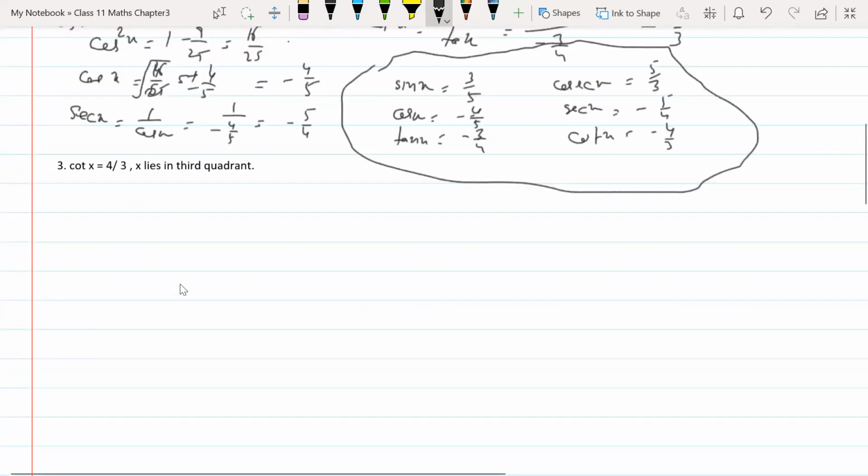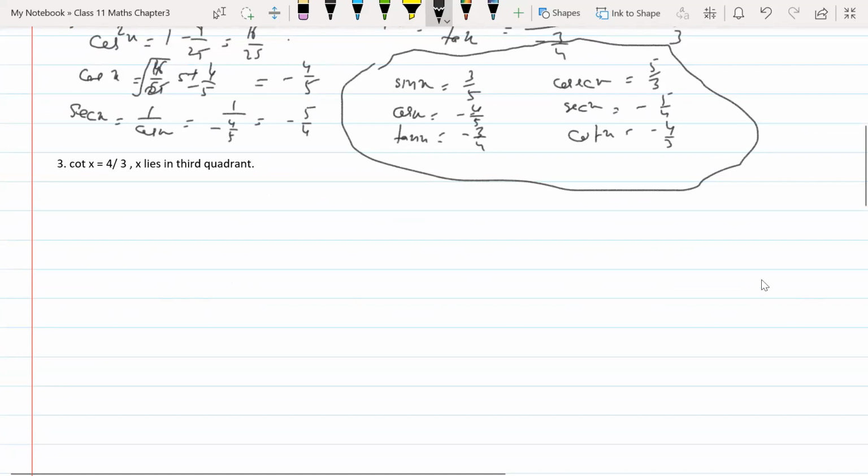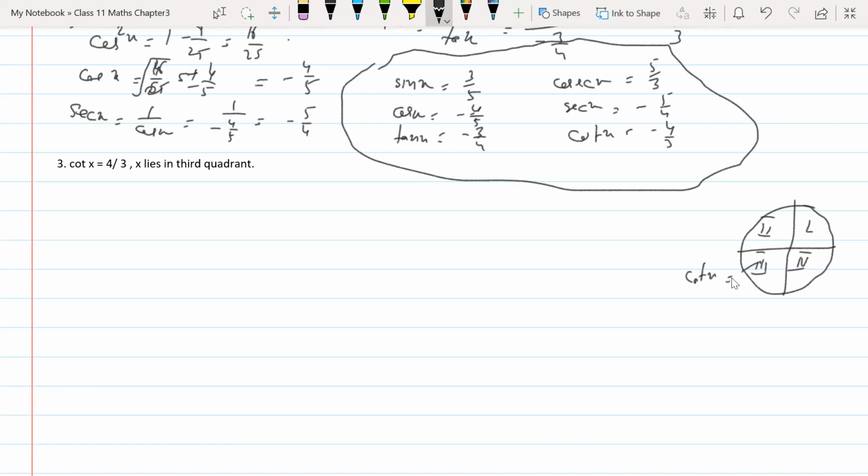Now question number 3. First, second, third. In the third quadrant, cot x is 4 by 3. As we know that in the third quadrant, tangent and cotangent both are positive.